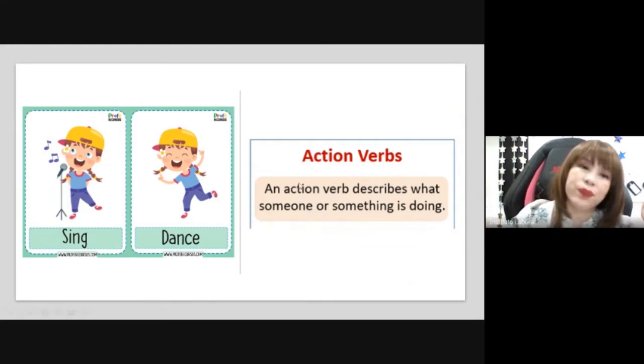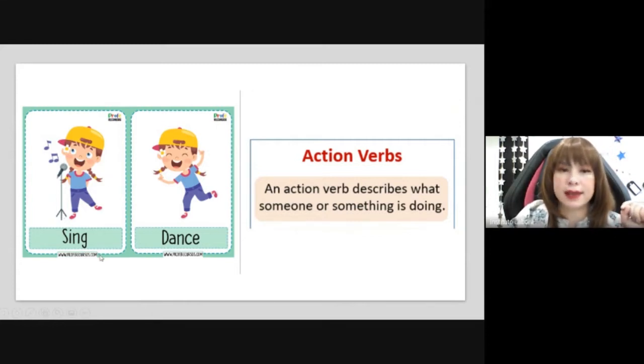Look at the picture. What is she doing? She sings. What is she doing? She dances. And a verb is a word that describes an action. The verb is an action. That is, someone is doing something.